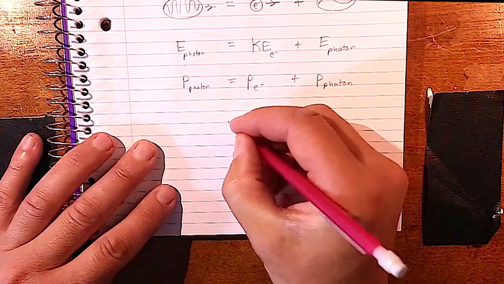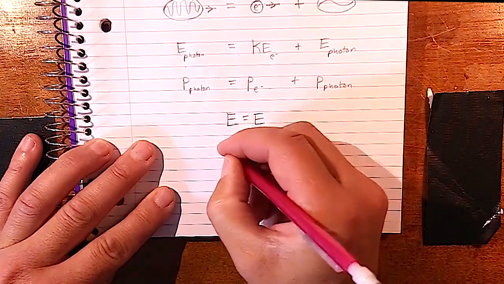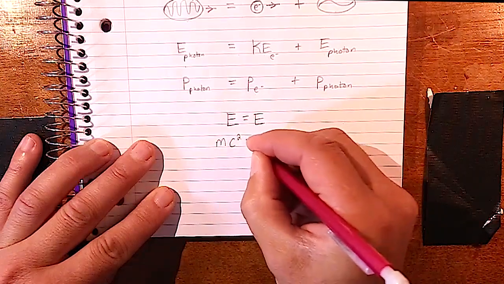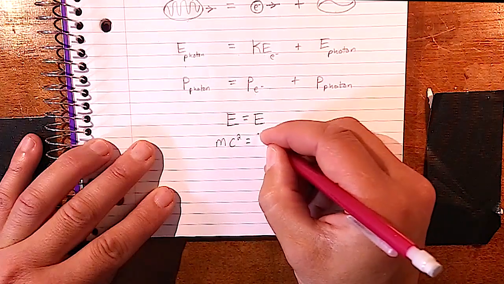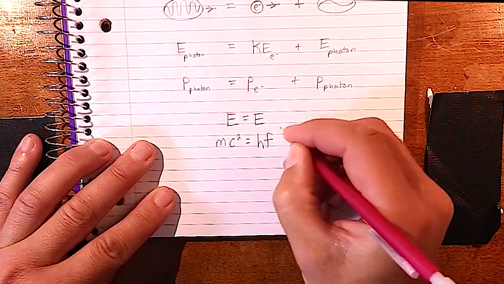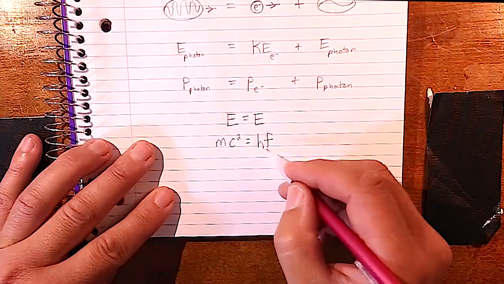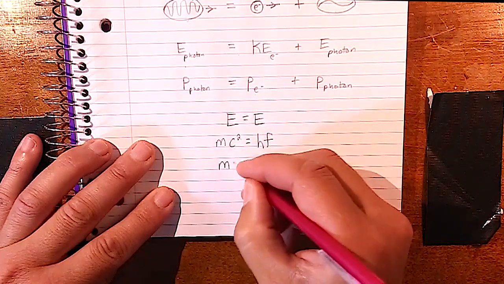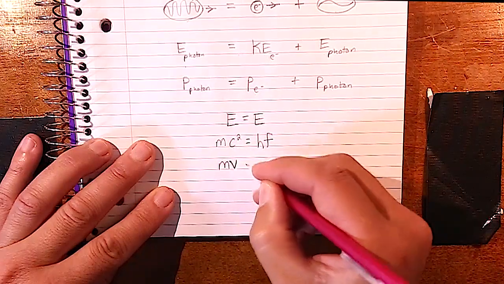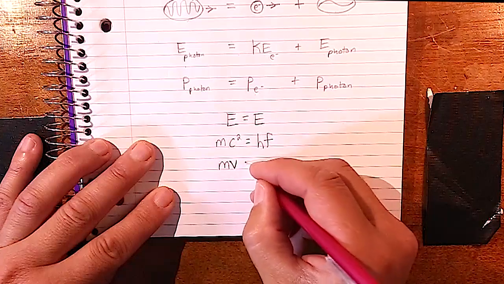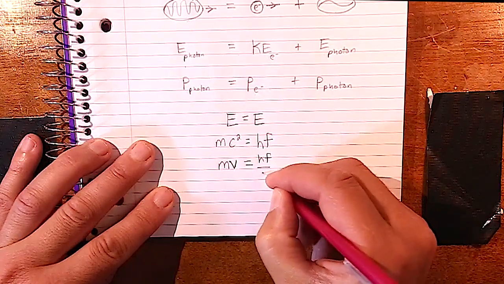So we haven't learned this formula yet, but what Compton did was he said from Einstein, E equals mc squared, and we'll get into the details of that formula later. And we know that from Planck, E equals hf, that we could take one of these c's, c is the speed of light, and bring it over here and say that the v of the incoming photon is c, and that gives us a formula of hf over c.